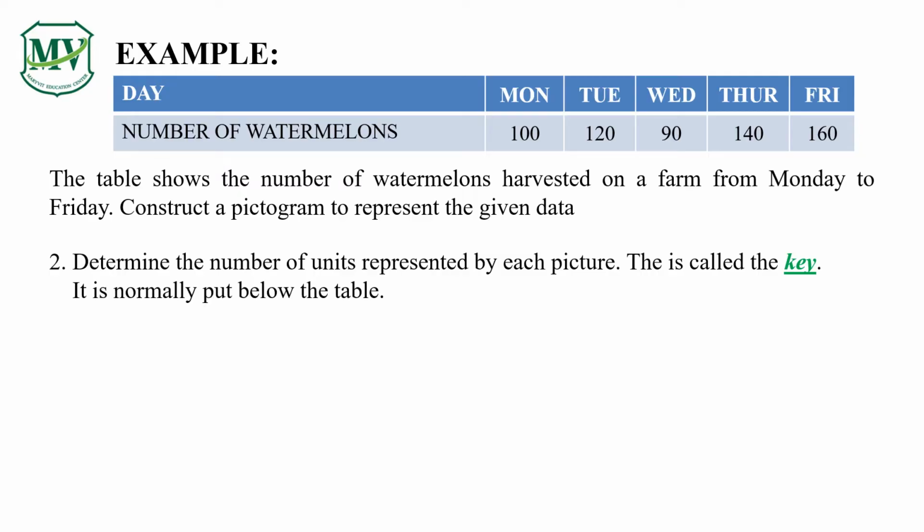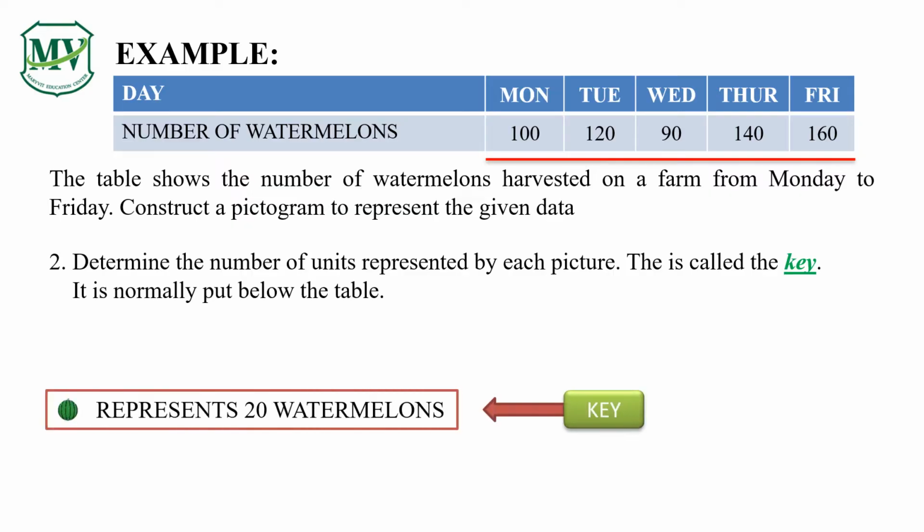This is called the key. It is normally put below the table. Any number can be used as key. Any number that can be used to divide the given data or almost all of the given data can be used as key. Here, I use one picture of watermelon represents 20 watermelons, and that is the key.